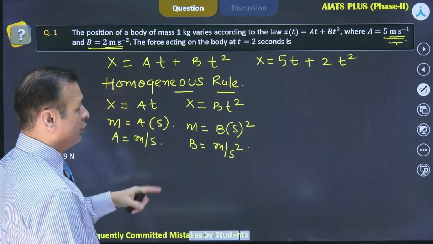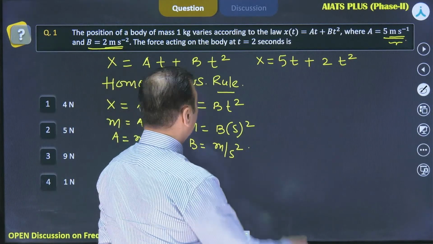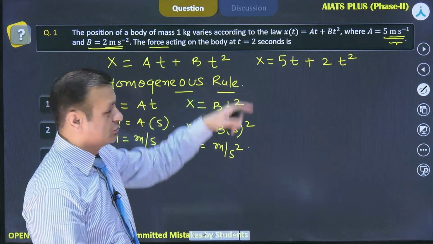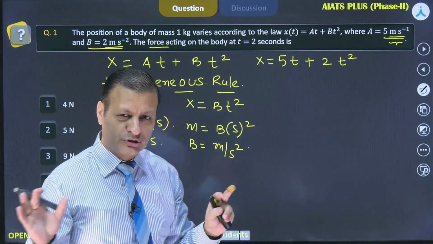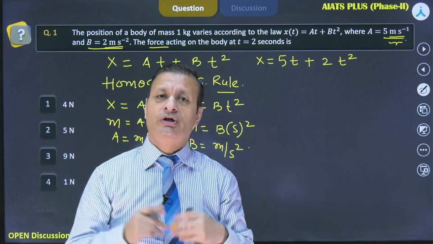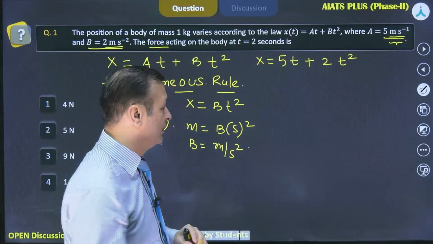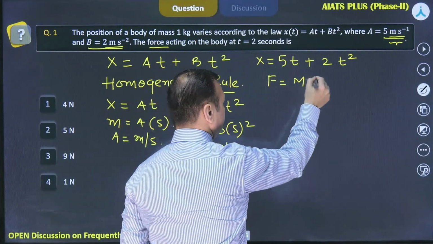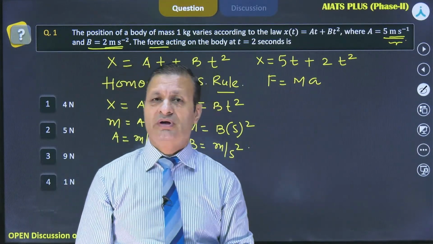Now this is basically position versus time, and we have to find out force using this relation. So what do you know about force, how do you approach it? Just put it down there as the very first step. So force, the required expression we are looking for, is m into a.